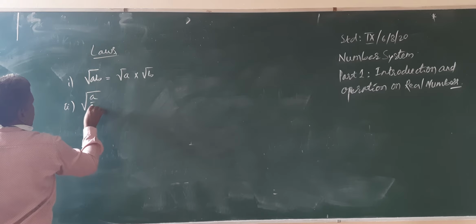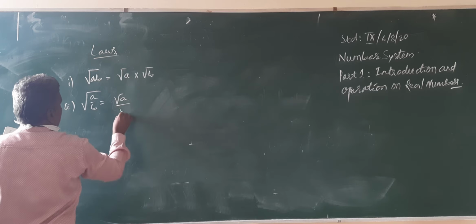Root of a by b equals root a divided by root b.